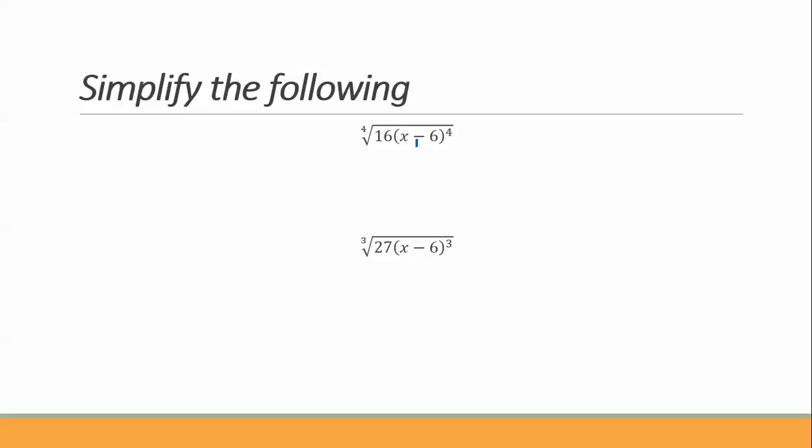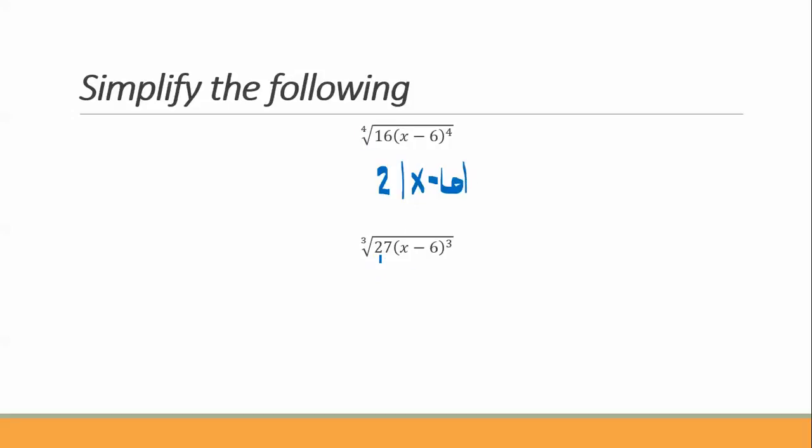Couple more. This is the 4th root of 16, x minus 6 to the 4th. Remember, the 4th root of 16 is 2, and then x minus 6 to the 4th, we're going to have to do the absolute value of x minus 6 because it's an even root.